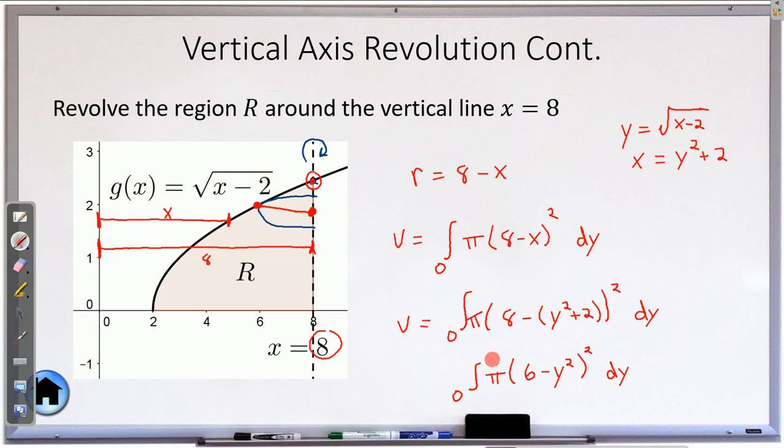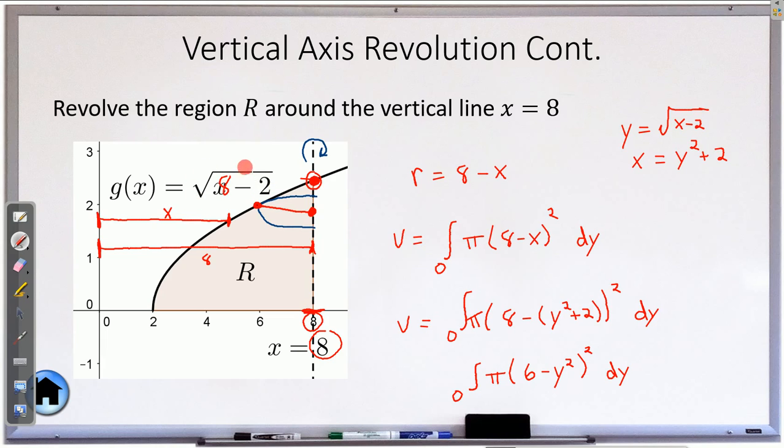But we still need that upper limit. What is that upper limit? What is the y value right here? We're going from 0 all the way up to this y value. It's not super obvious what it is, so we simply have to plug in x equals 8 and see what the y value is. So if we plug in 8, 8 minus 2 is 6.